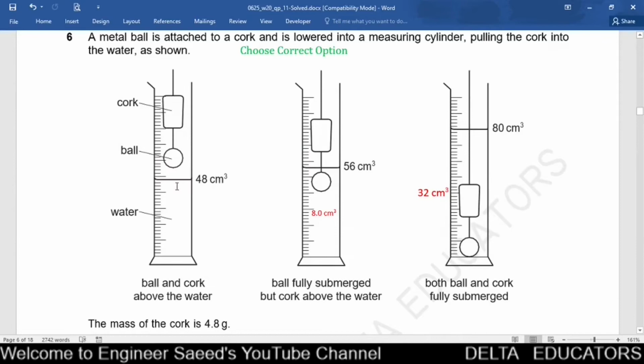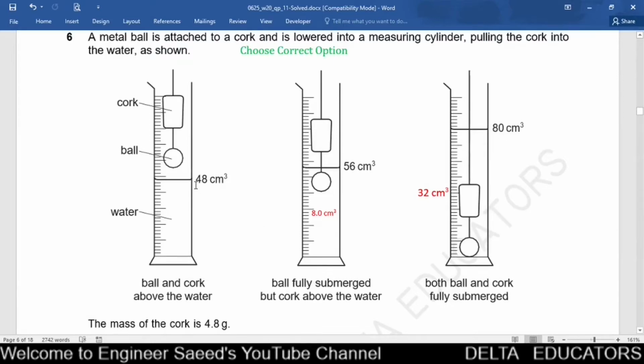Here it is shown that the volume of water is 48 centimeter cube. Now we dip the ball in water and the volume becomes 56 centimeter cube. Whatever the difference is, it will be the volume of the ball. This difference is 8 centimeter cube, so the volume of the ball is 8 centimeter cube. Now we dip both ball and cork and the new volume is 80 centimeter cube.